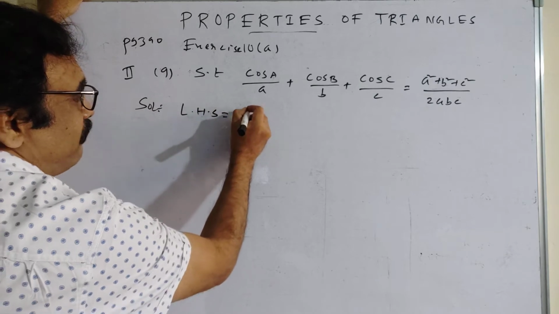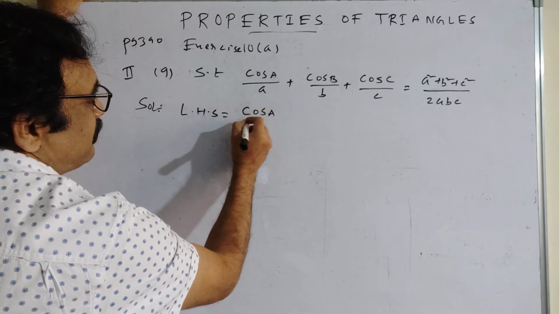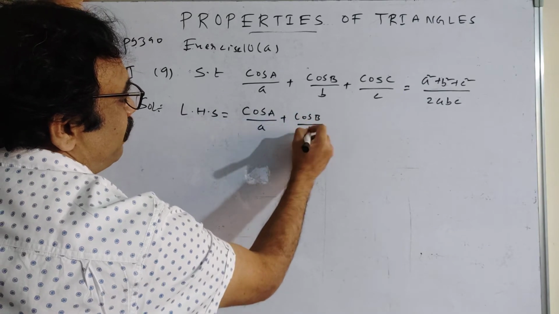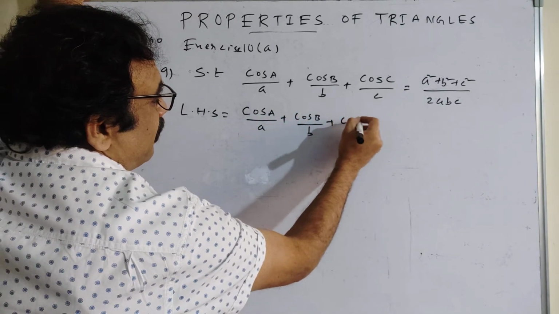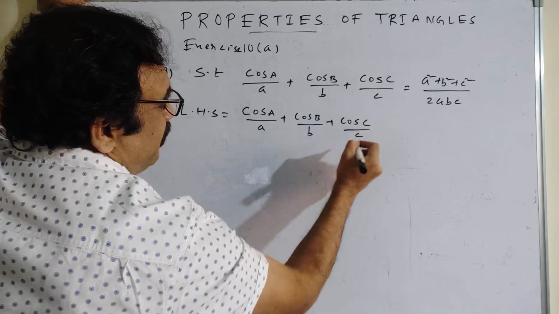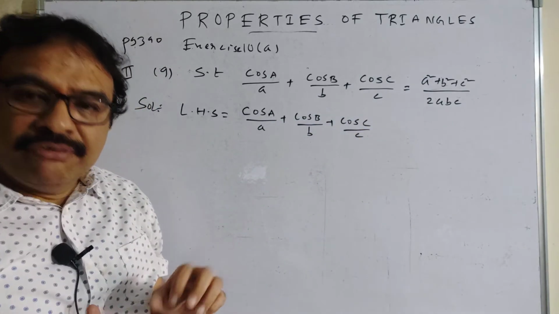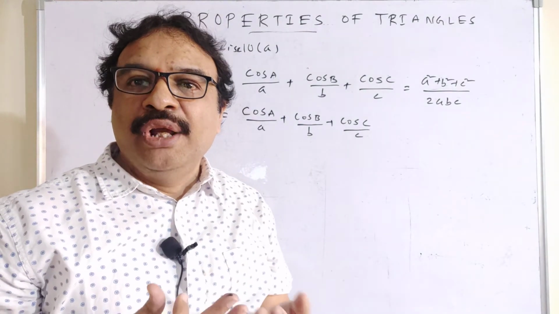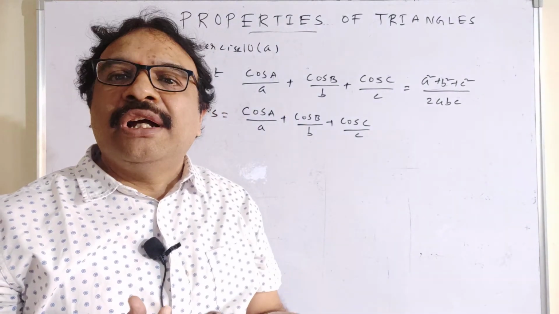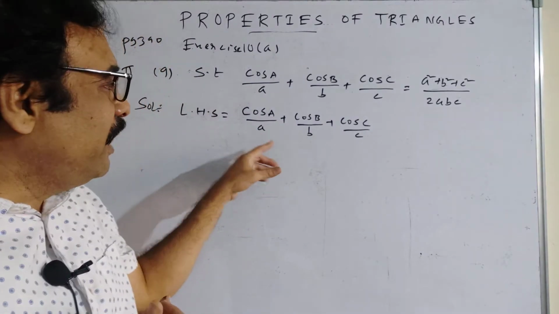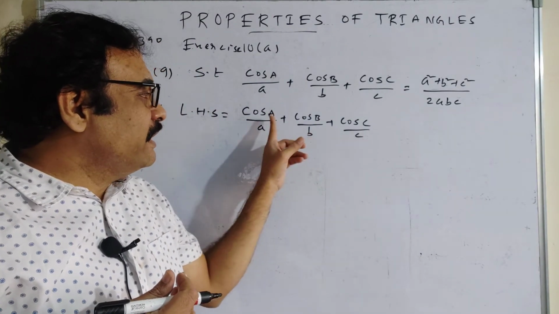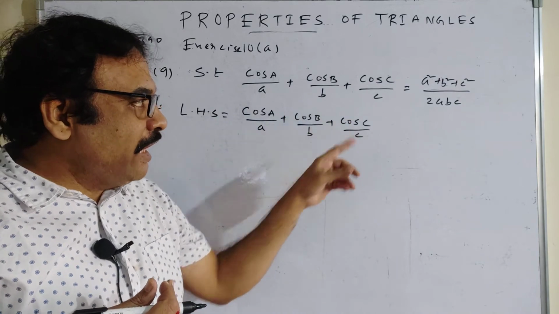In the LHS, I have cos A by a, cos B by b, and cos C by c. Whenever you say cos of something that is related to an angle, you should denote it in capitals. And whenever you take small letter a, small letter b, small letter c, these are sides, and capital A, capital B, capital C are angles.